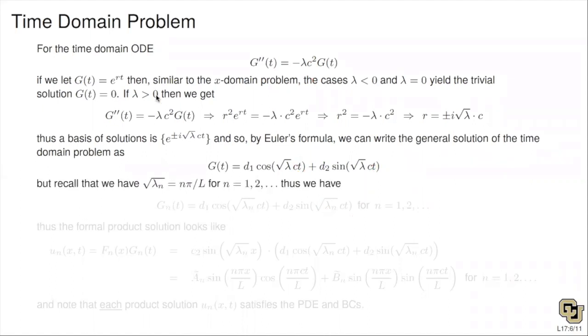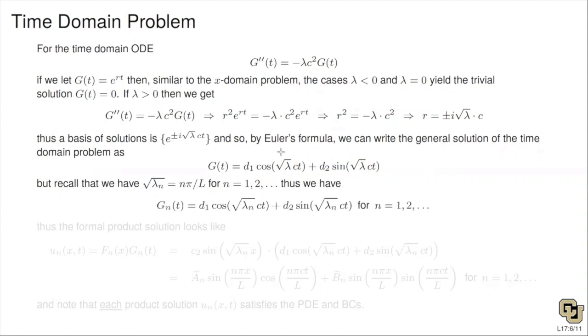And now, we use the fact that we know the square root of lambda. We've already solved for this square root of lambda right here. It is actually equal to square root of lambda sub n. There's more than one of them. We know square root of lambda actually equals n pi over L. So now I'm going to replace it.